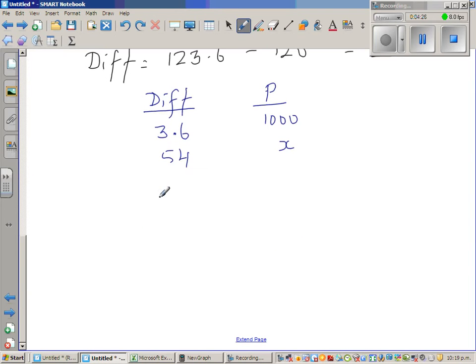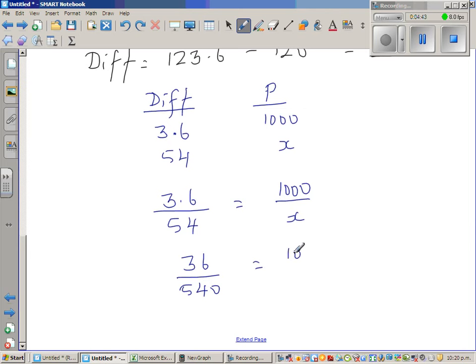This is nothing but a ratio: 3.6 over 54 is equal to 1000 over x. So this is 36 over 540 is equal to 1000 divided by x.